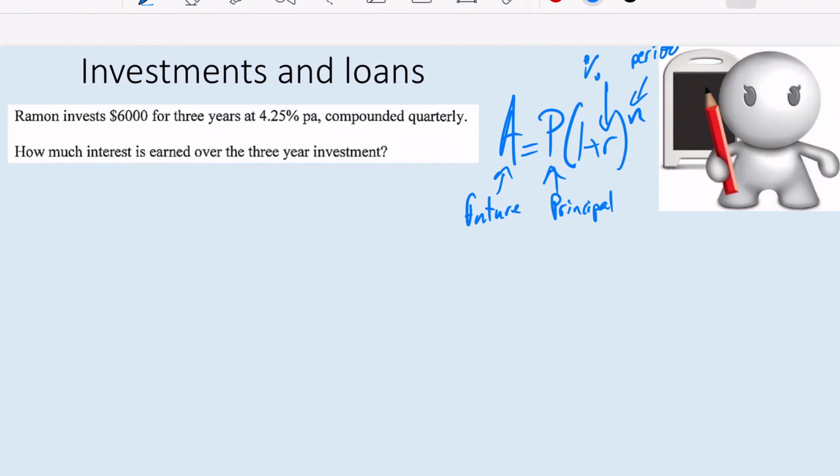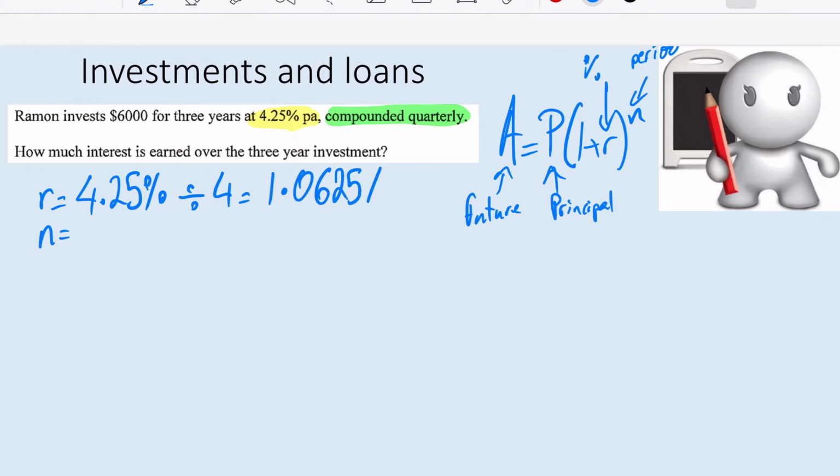The thing is that my interest rate is per annum, but my compounding periods are actually per quarter. So first thing I need to do is manipulate both the values of R and N. So 4.25% per annum, I'm going to divide that by 4, and that's going to give me 1.0625% per quarter. 3 years, if I multiply that by 4 quarters for each year, I'm going to get 12 periods.